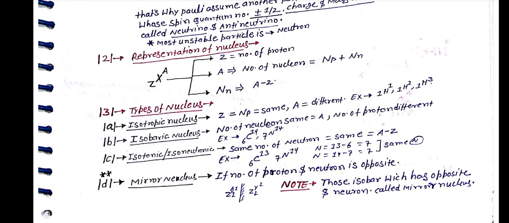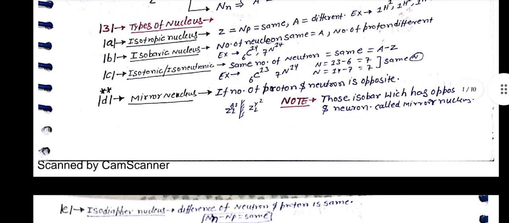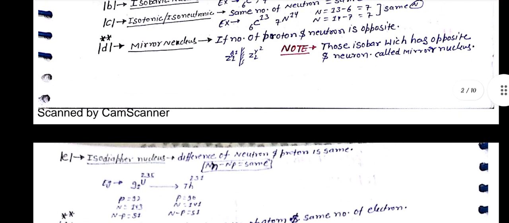In isotones, or we can also say isoneutronic, the number of neutrons, A minus Z, is the same. And in mirror nuclei, if the number of protons is not equal to the number of neutrons and they are interchanged, then we can say it is a mirror nucleus.